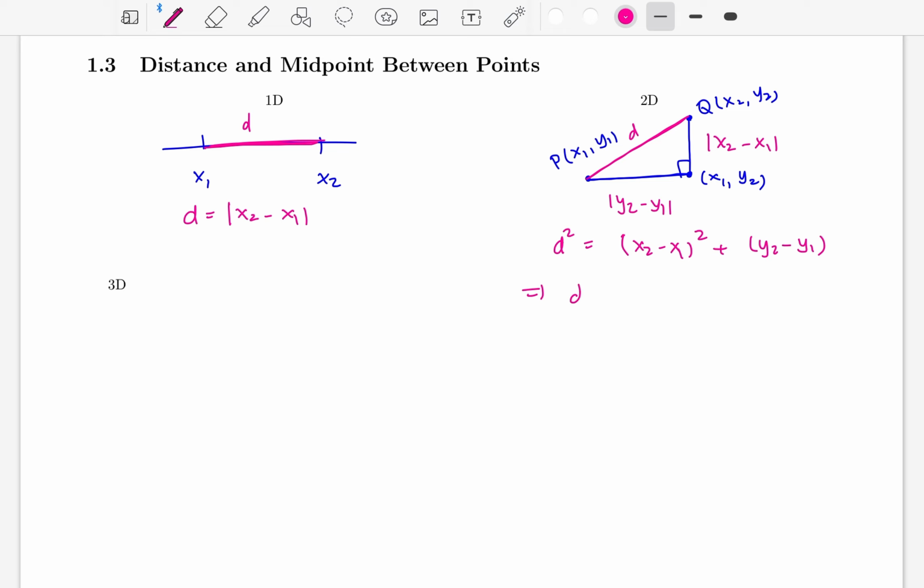And then I can take the square root. So d equals the square root of (x2 minus x1) squared plus (y2 minus y1) squared, okay? You know that when you take the square root, in theory you get plus or minus. But it's a distance, so I'm going to keep it positive.